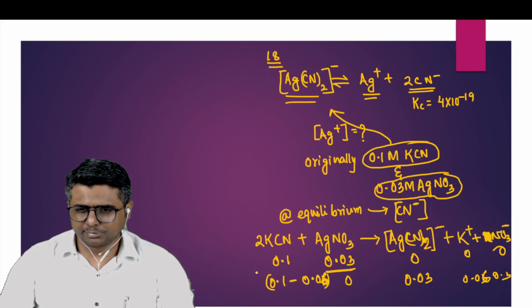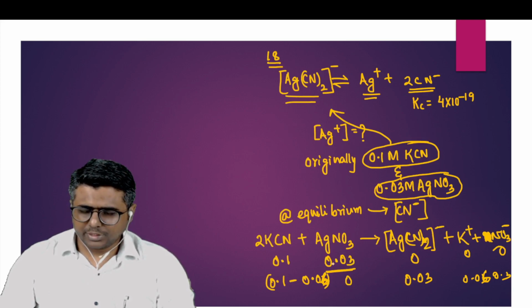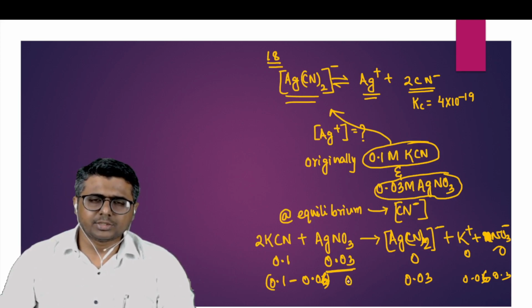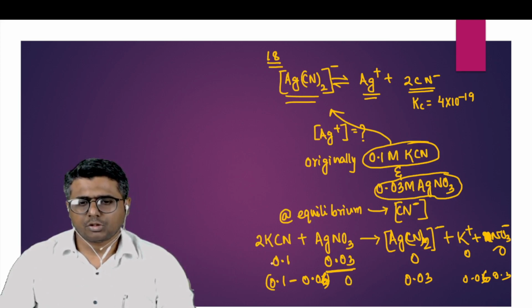This part is a little bit trickier. 0.03 molar of AgNO3 was there. So reaction of 1 mole AgNO3 happens with 2 mole KCN. So when 0.03 moles of AgNO3 reacts and becomes 0, we are required to react 0.06 moles of KCN.